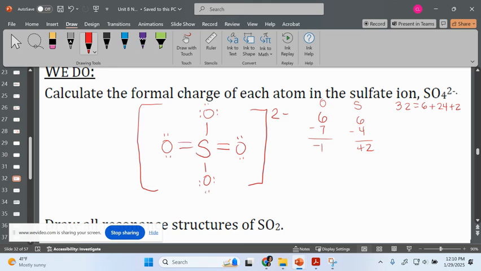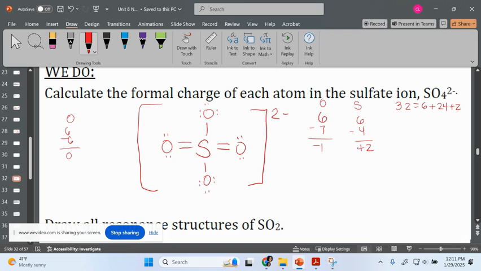If I do that, am I still at 32 electrons? There's 8, 10, 12, 14, 16, 18, 20, 22, 24, 26, 28, 30, 32. Now, what have I done with these 2 oxygens as far as their formal charge? These double bonded oxygens are now 6 minus 6, so they're coming in at 0.